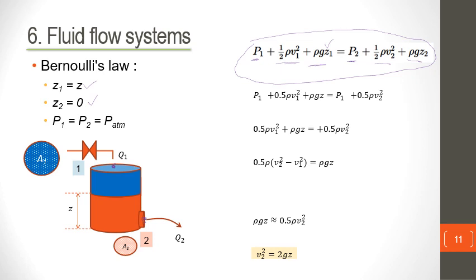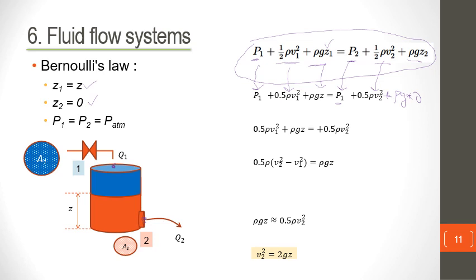It therefore means that we can translate this equation to P1 plus half rho V1 squared plus rho g Z, equal to the pressure P2, which we said is simply equal to P1, the atmospheric pressure, plus half rho V2 squared plus rho times g times 0, which is simply 0.